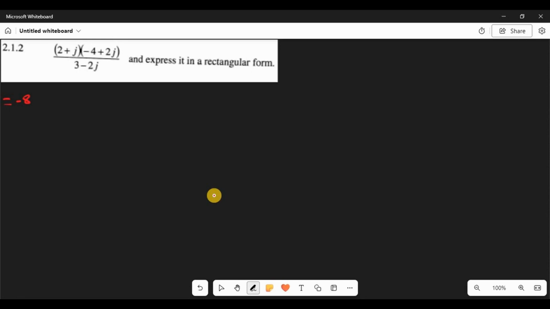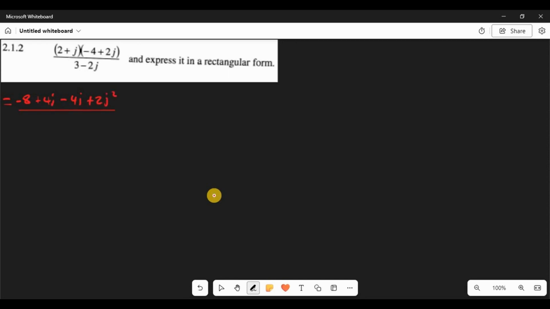So what is 2 multiplied by positive 2j? This is going to give us plus 4j. And then we say j multiplied by negative 4. This is going to be negative 4j. And then j multiplied by 2j. This is going to give us plus 2j squared. Right. And then we divide there with our denominator.